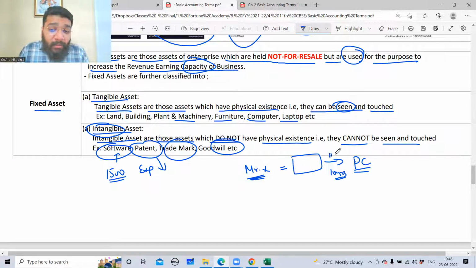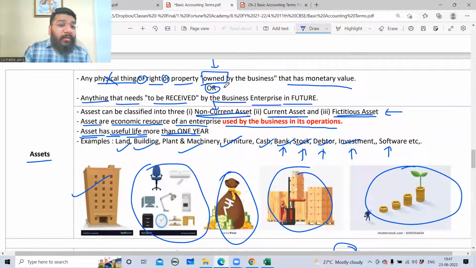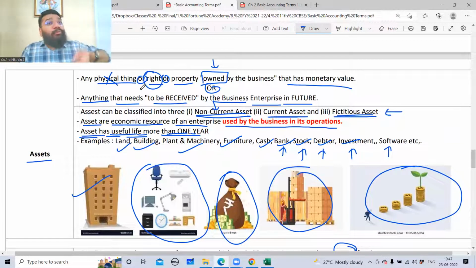Let's suppose 100 crore rupees is paid by the pharmaceutical company to Mr. X. Mr. X is giving the right to the pharmaceutical company. After making the 100 crore rupees payment, the pharmaceutical company owns that patent for 10 years. So that's why an asset is something where you have a right, here the right to manufacture the vaccine. So an asset is any right that is owned by the business.